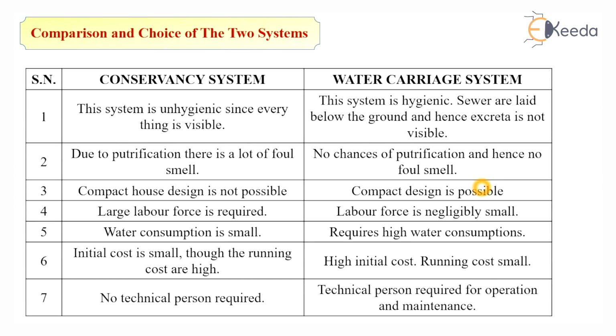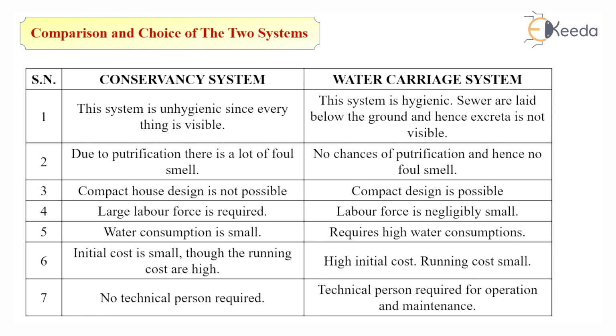So, depending on the advantages and disadvantages of both the systems, that is, of conservancy system and water carriage system, the differentiation of these two systems is as follows. First point is the hygienic point of view. The conservancy system is unhygienic since everything is visible, and water carriage system is hygienic because sewers are laid below the ground and hence excreta is not visible.